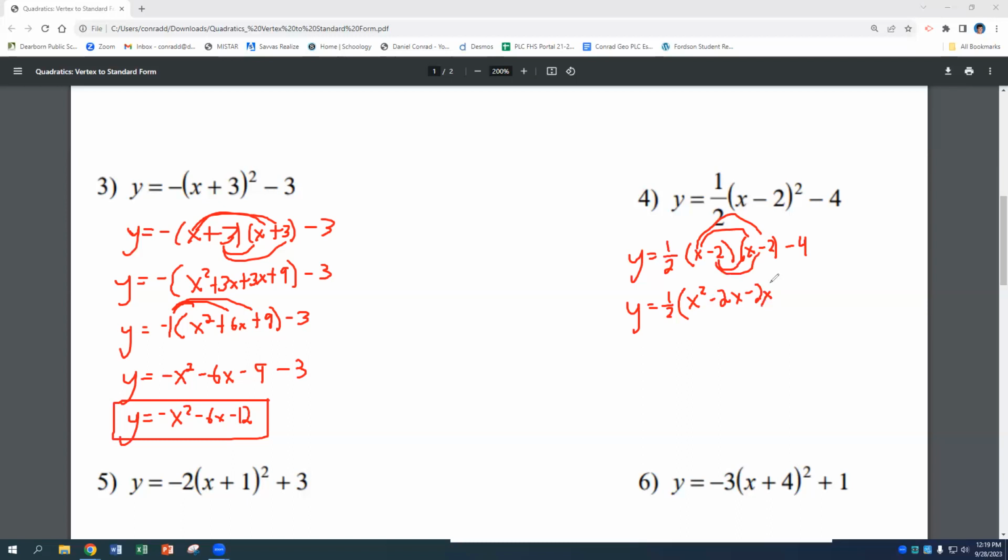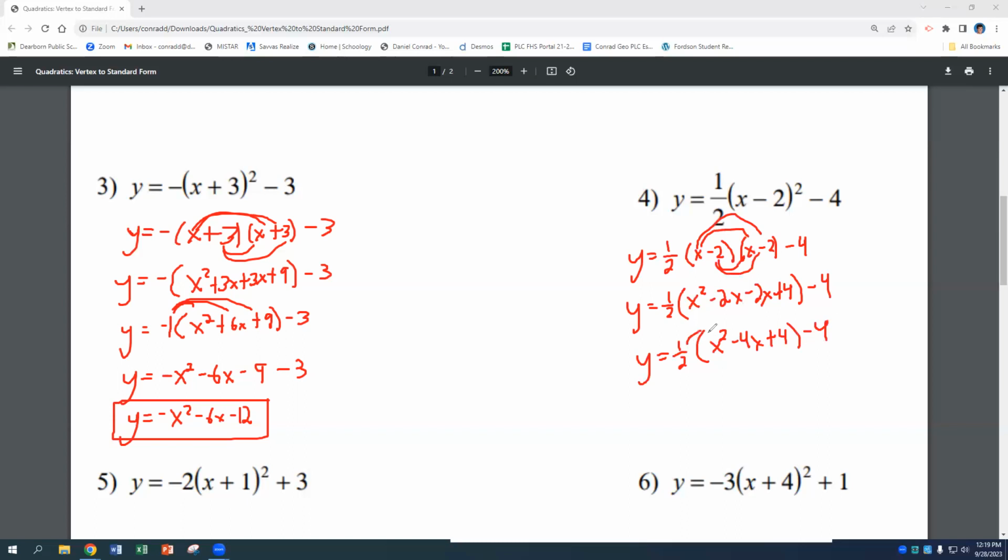And then -2 times -2 is +4. And then I'm going to have -4. So I combine like terms on the inside, inside the parentheses here. So I'm going to have x squared minus 4x plus 4.